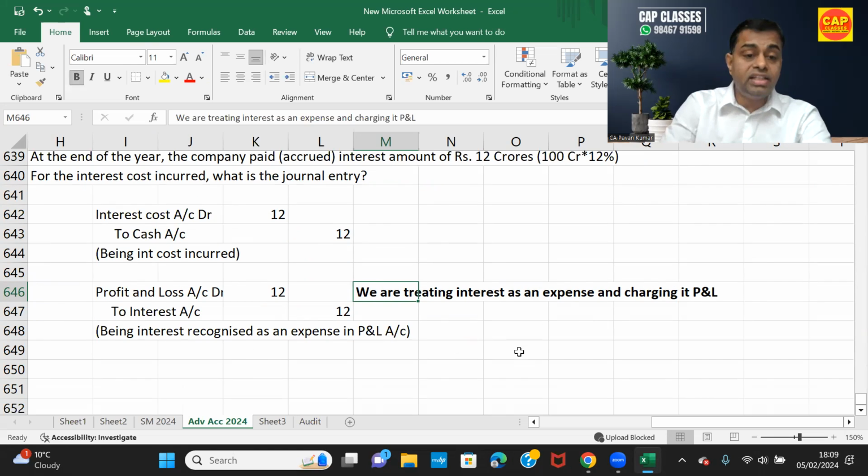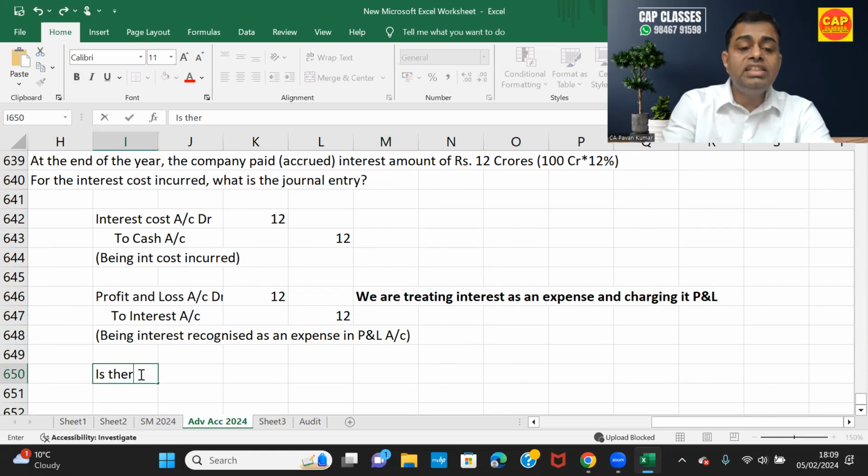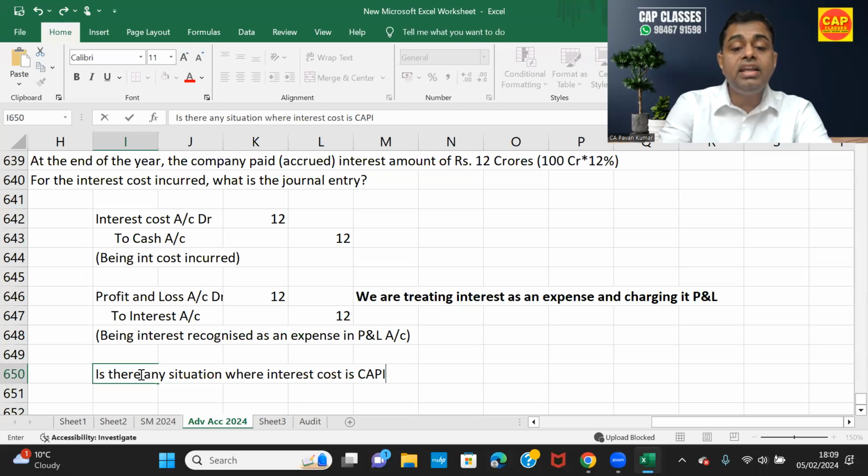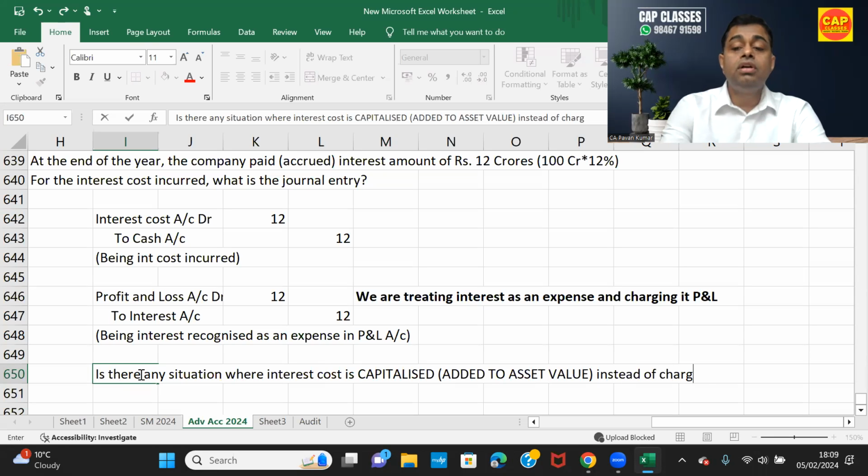Now the question is, is there any situation where interest cost is capitalized? That means added to asset value instead of charging it to P&L?